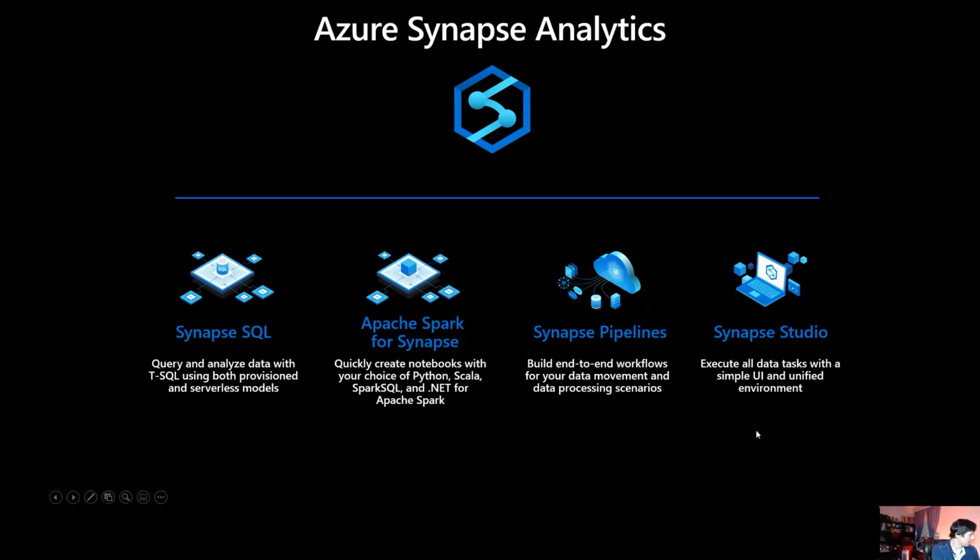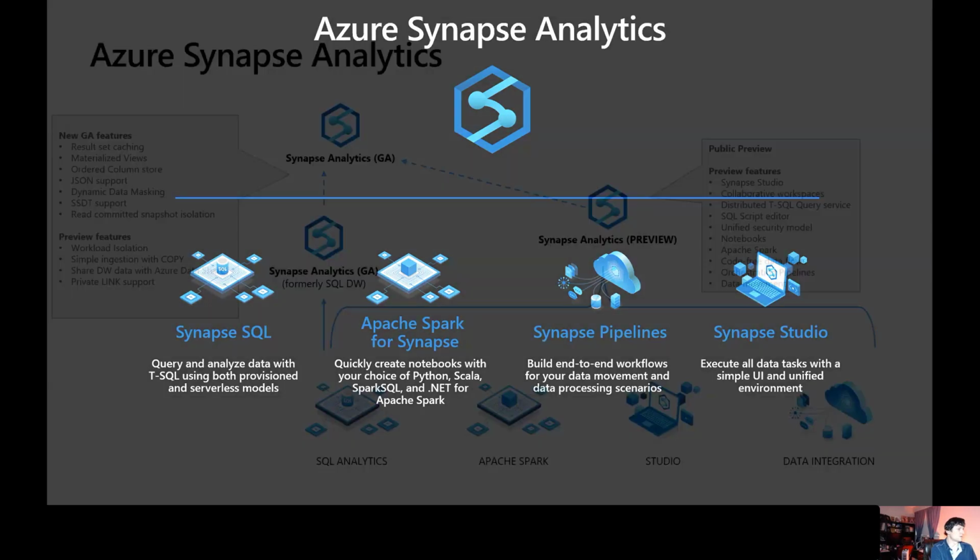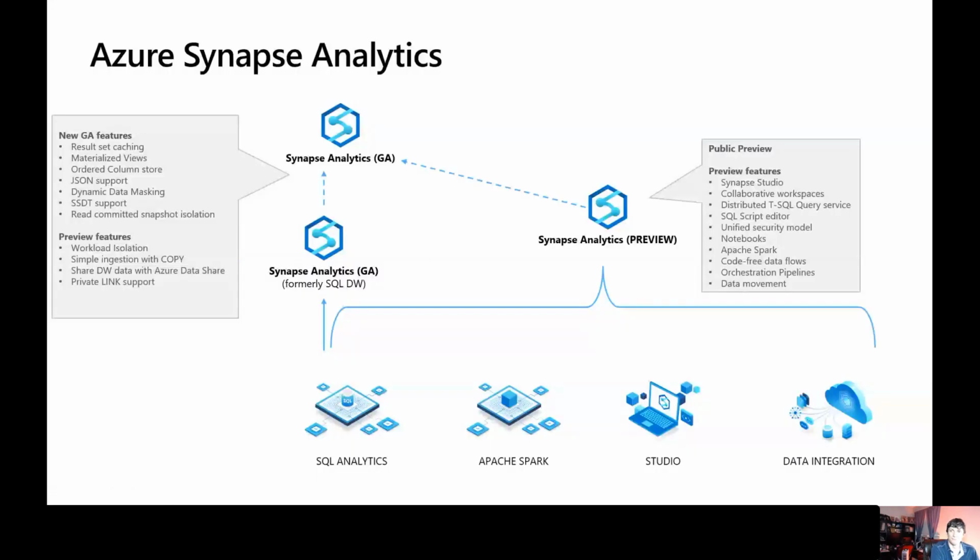Before I do that, let me just show where we are today. Officially, Synapse is a GA product, because what we did, as I mentioned, is the evolution of SQL Data Warehouse. SQL Data Warehouse has been renamed to Azure Synapse Analytics. Those core SQL Data Warehouse features are GA. If you had a SQL Data Warehouse before, it's now called Synapse.